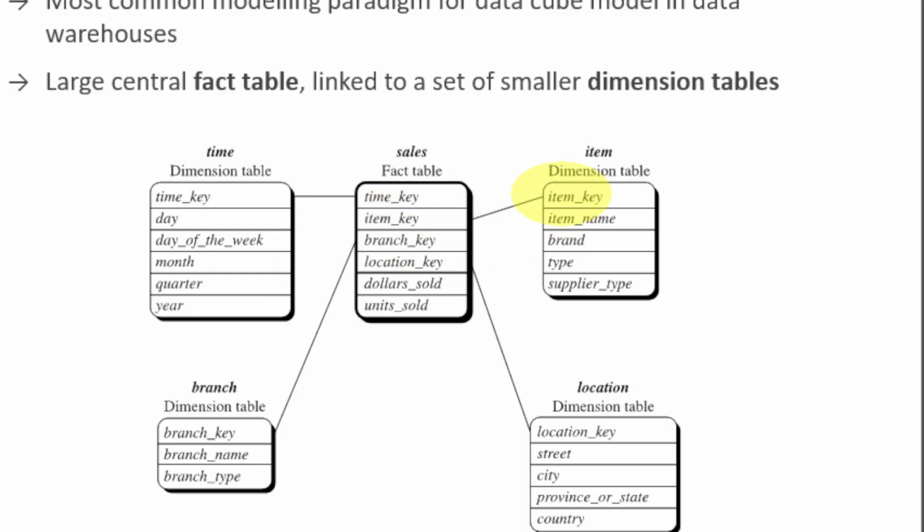For item, I have item key and item name, brand, type, supplier type. Then I have a dimension table for location: location key, which remains the same because it comes from the fact table, street, city, province, country. For branch, I have branch key, which remains the same, branch name and branch type. So the fact table is linked to a set of smaller dimension tables.